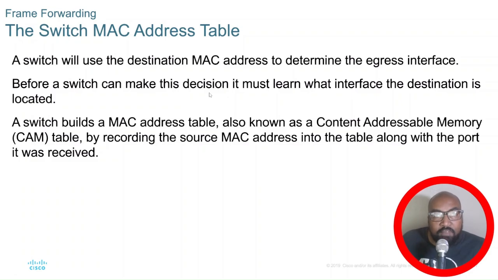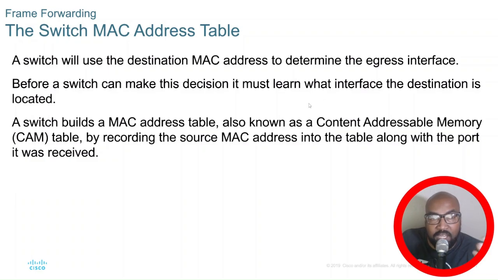So if you remember in that video that I showed you, there was a part when the packages were coming in, and as soon as it came in off the truck, okay, i.e. ingress, right? When they were coming off the truck, they were getting scanned. After they got scanned, you saw where it got forwarded. Very similar to this. Before a switch can make its decision, it must learn the interface that destination is located, right?